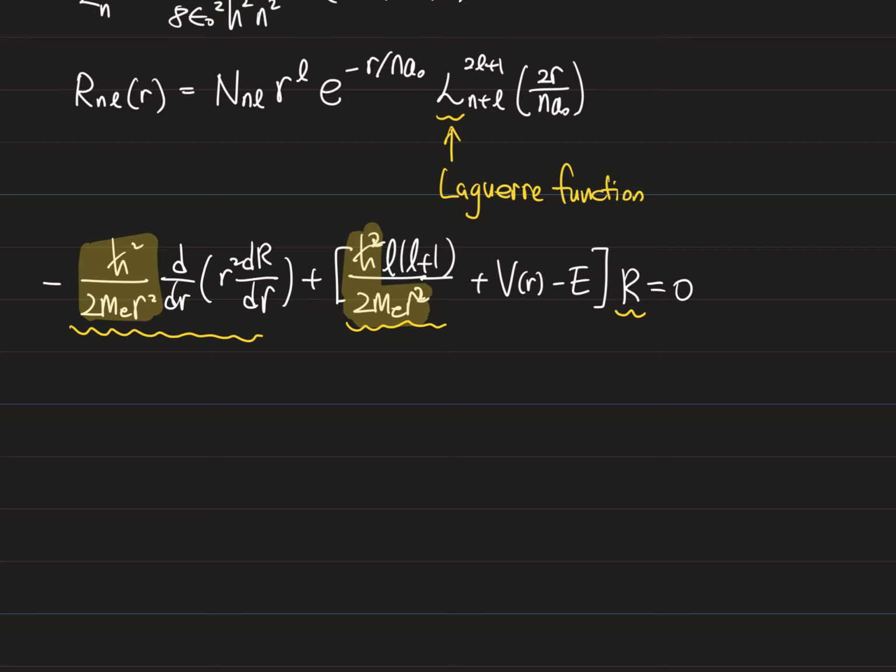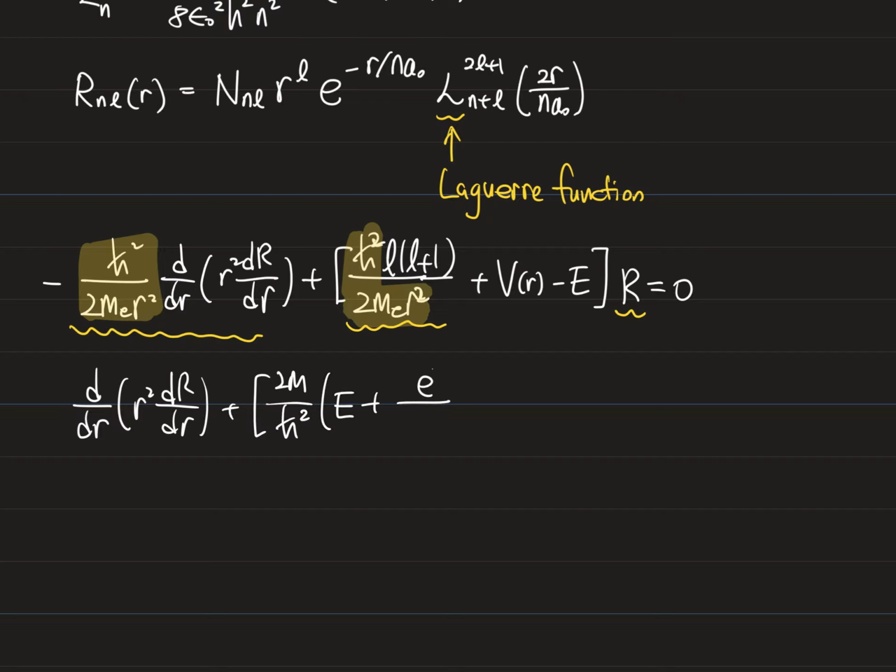So the final form would be d/dr of r² dR/dr.